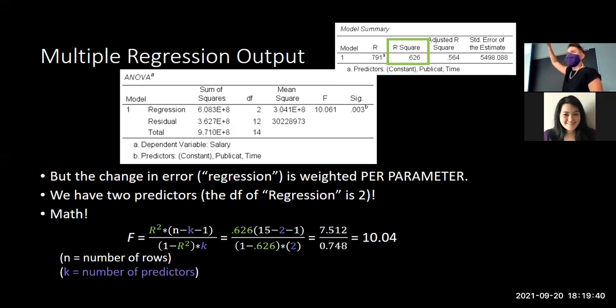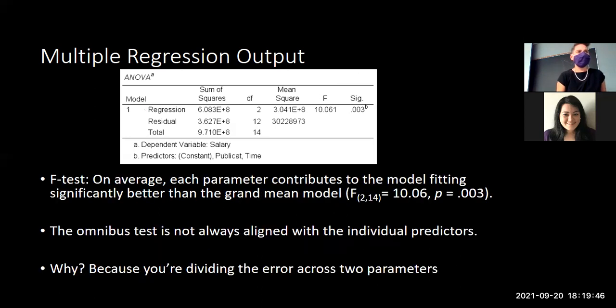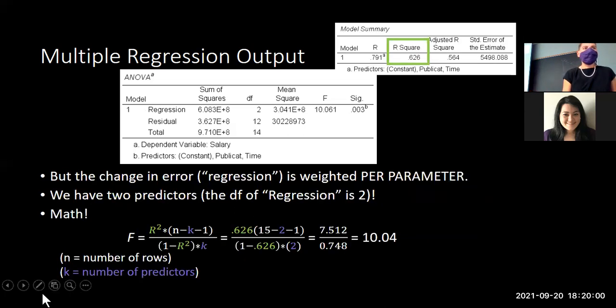Again, we're in a scaffolding space here so that you understand how this math works. And so what the F-test really means here is, on average, does each parameter contribute to the model fitting? Yes or no? On average, because I have parameters here in this bottom thing as well.